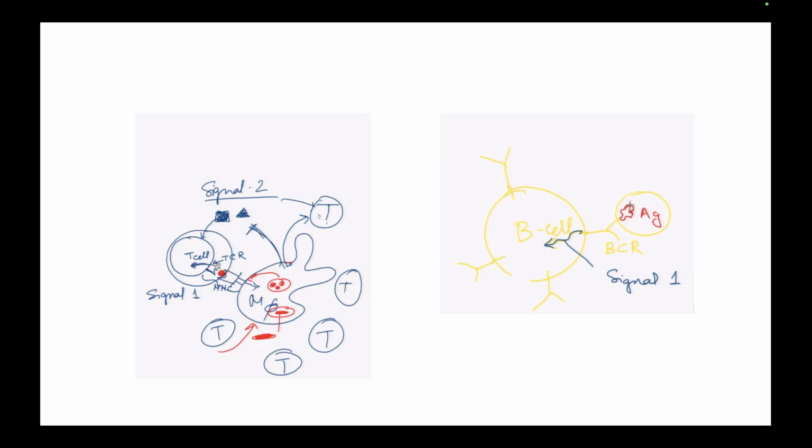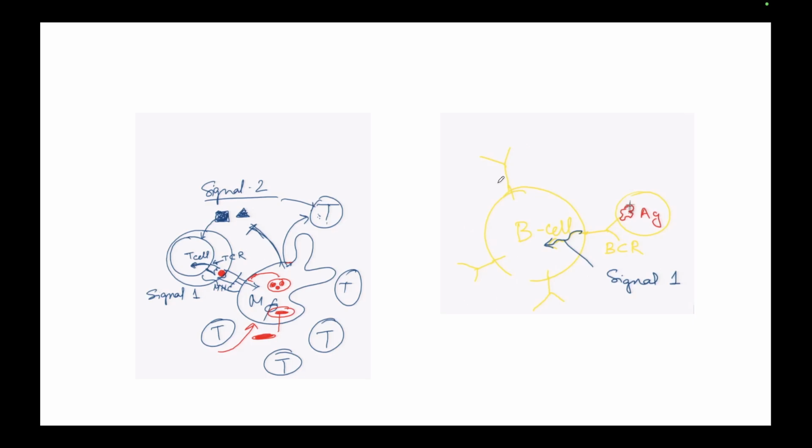After the binding, this is the first signal, and after activation the cell starts releasing chemokines and cytokines. These cytokines signal more and more T cells to be activated, and also give signals to the B cells, so more B cell activation happens.